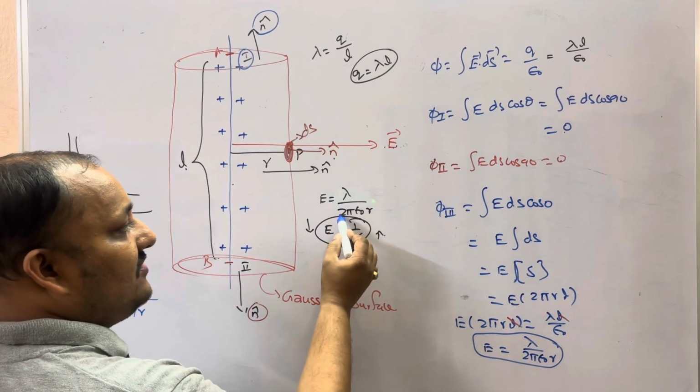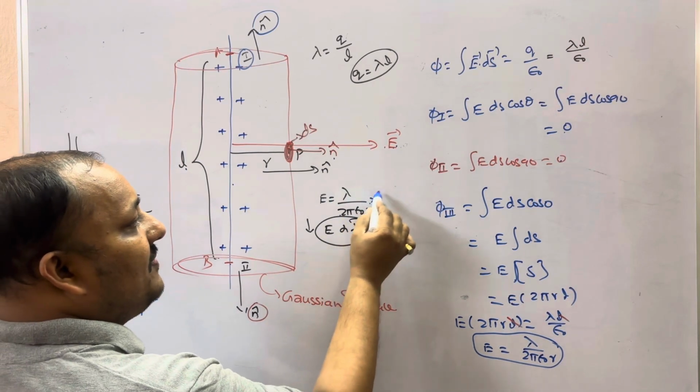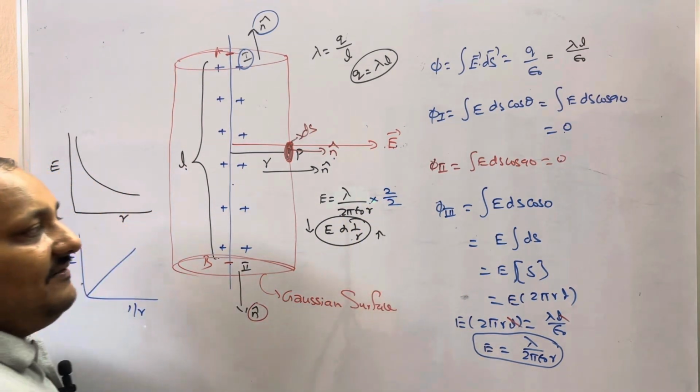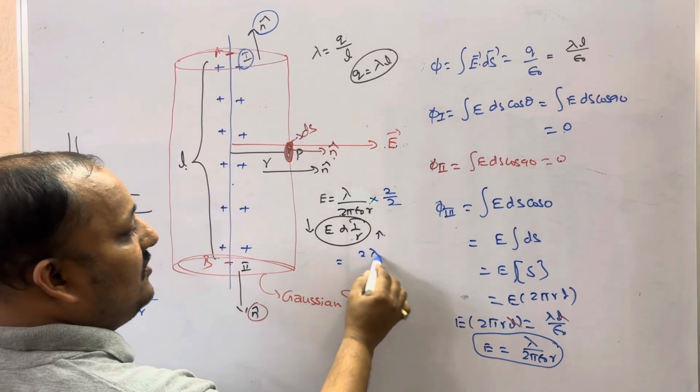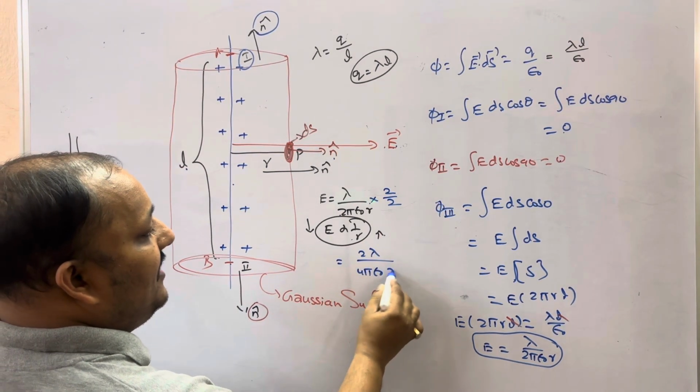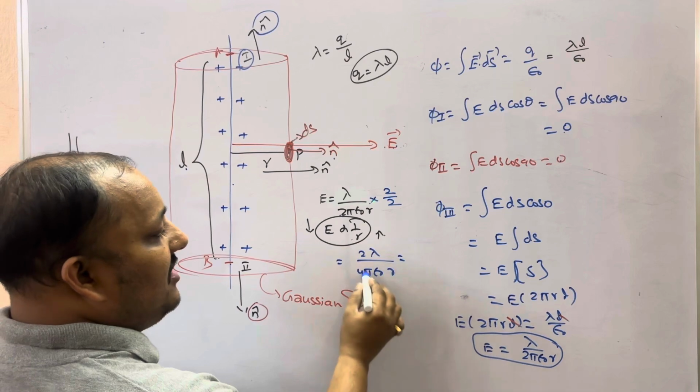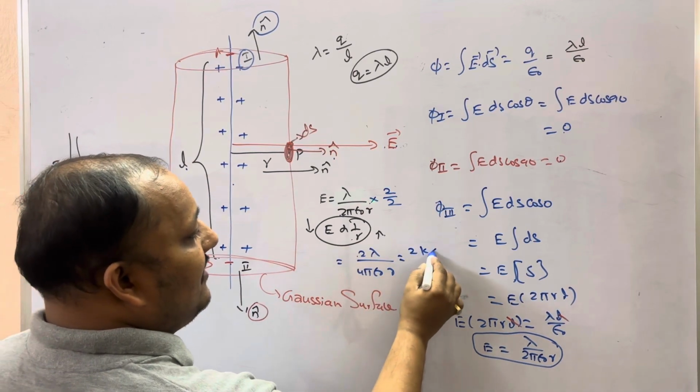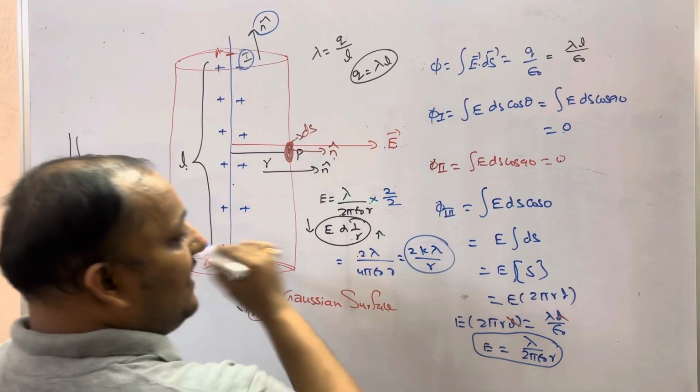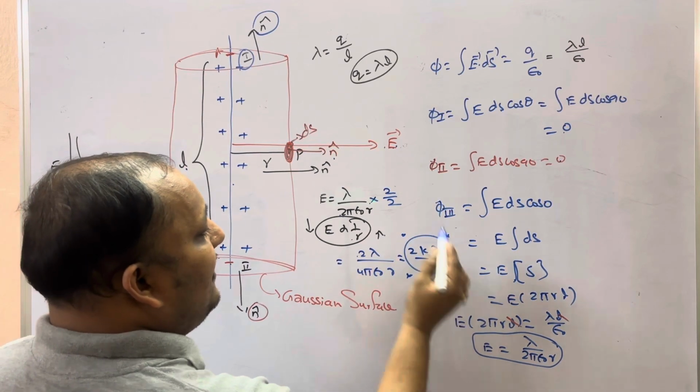Sometimes they write this 2 pi epsilon naught in terms of 4 pi epsilon naught. Multiply and divide by 2, so it becomes 2 lambda by 4 pi epsilon naught r. Because we know the value of 1 by 4 pi epsilon naught, they will write 2k lambda by r.